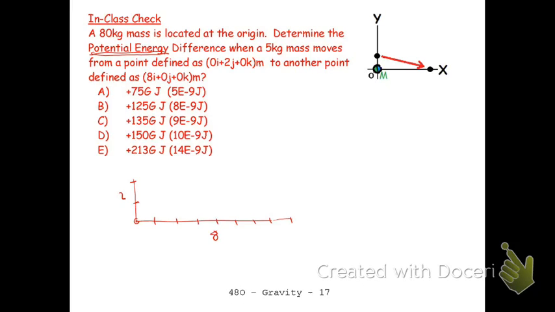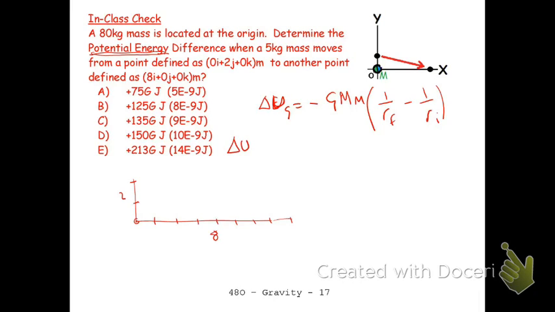So then I say, okay, well, let's have a look. We said delta Ug was equal to, what did we say? Let's look at our equation: minus G big M little m, 1 over r final minus 1 over r initial.